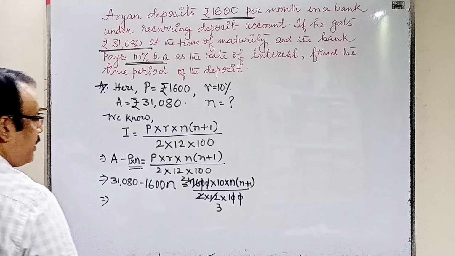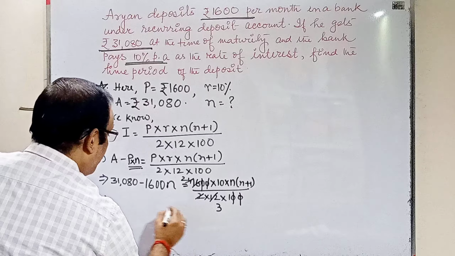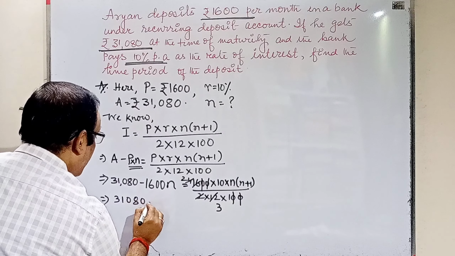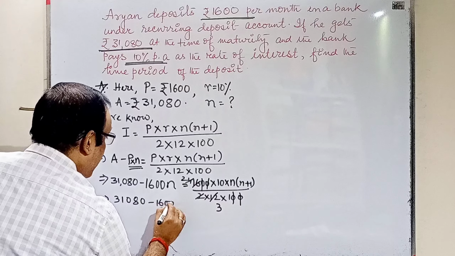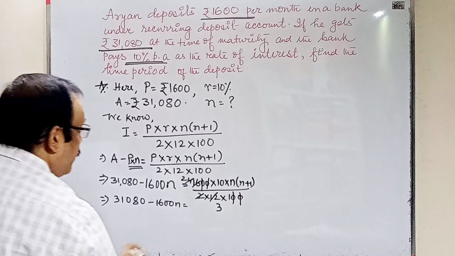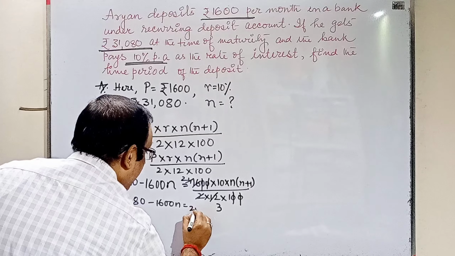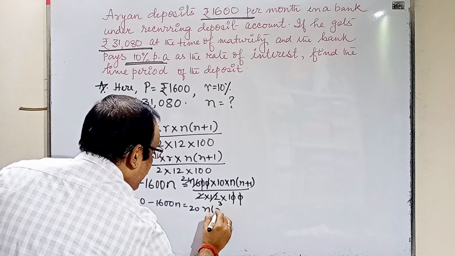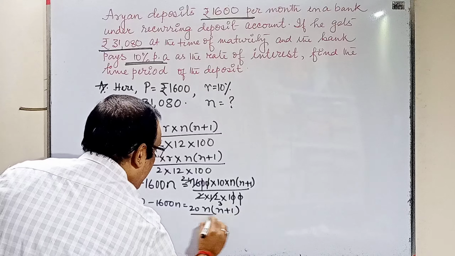So this becomes 31,080 minus 1600 N is equal to 20 N into N plus 1 by 3.